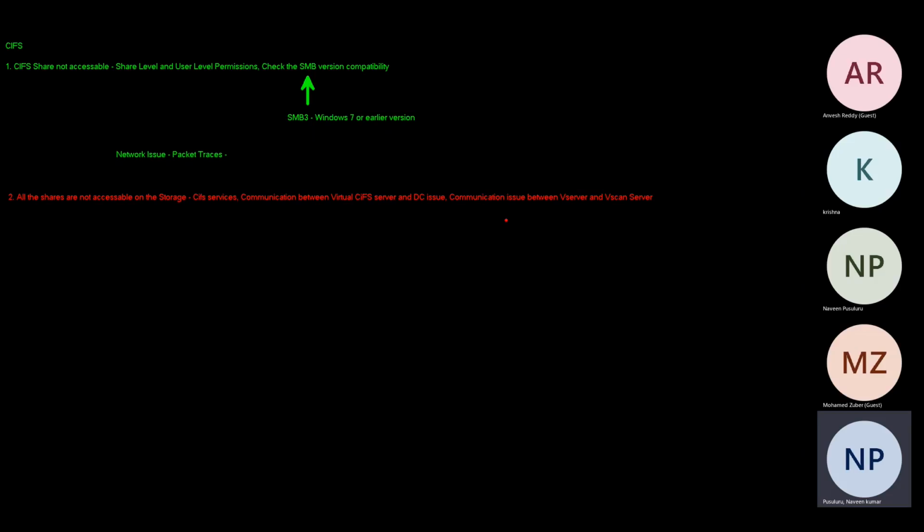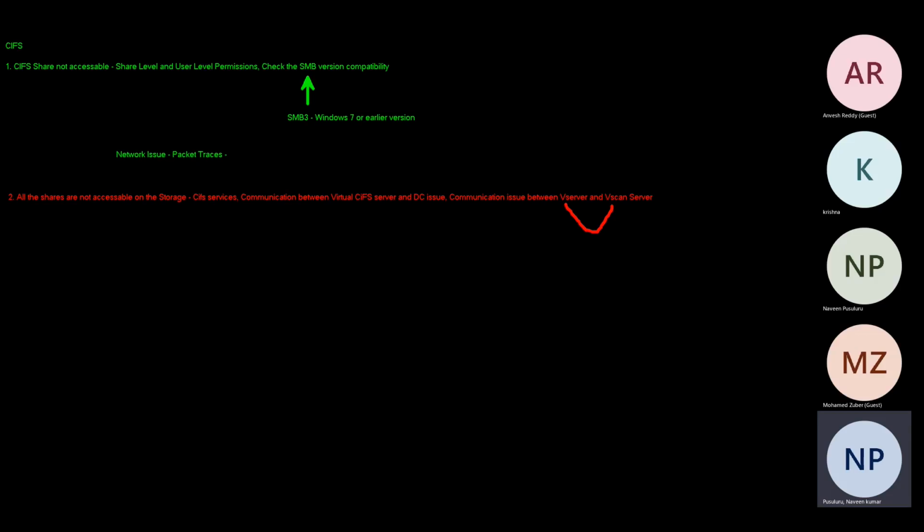Whenever you are reading data from the share or writing data to the share, it will go through antivirus scanning. For example, you have enabled the antivirus scanning, but due to some network issue or some other issue, my vServer is unable to communicate with the antivirus scanning server. Then when you write something or try to access the share, first the communication will go to the antivirus scanning server.